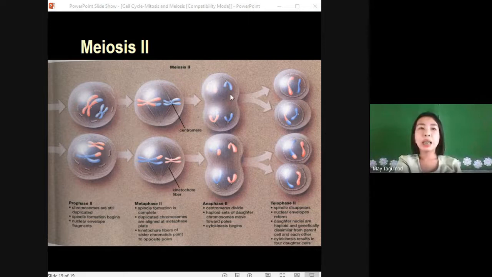And last is telophase 2, wherein the nuclei form and the spindle fibers disappear, and the cytoplasm divides into two. So the number of chromosomes in each daughter cell has now been reduced by half, as you can see in the illustration.